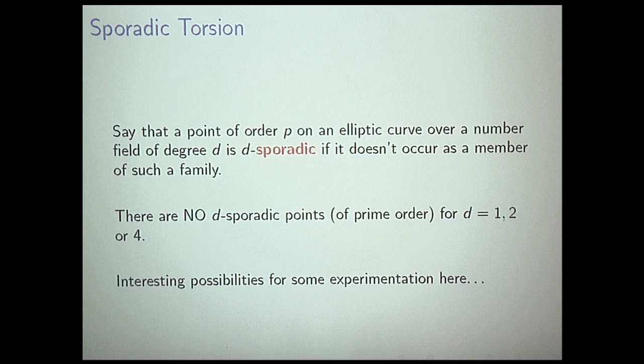We believe there are no sporadic points of degree 4. The largest prime that occurs is 17. And it's an interesting situation where there are going to be essentially 3 rational families giving points of order 17, and that's all there will be up to automorphisms.